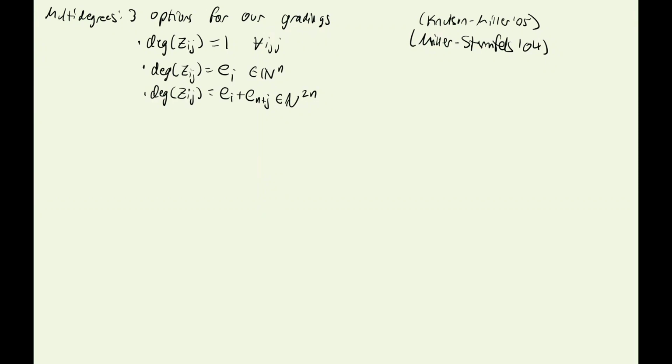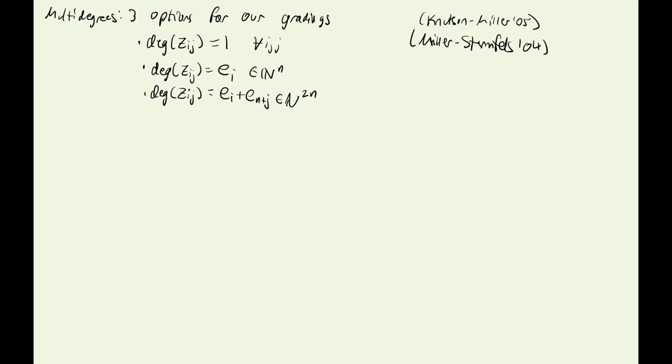We computed yesterday a bunch of Hilbert functions for the standard grading. That was just counting monomials that lived in a certain degree that were a basis for a certain part of a vector space. We can do exactly the same thing with whatever grading we like.